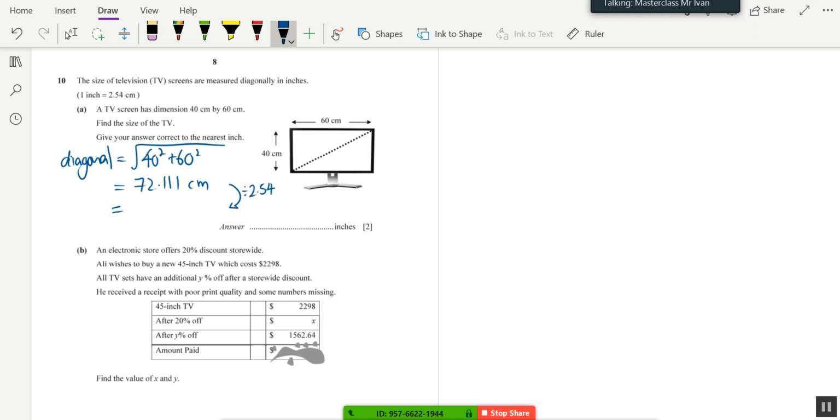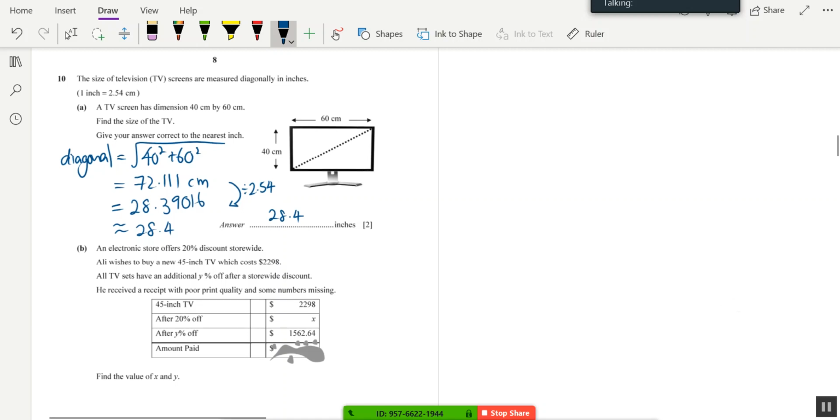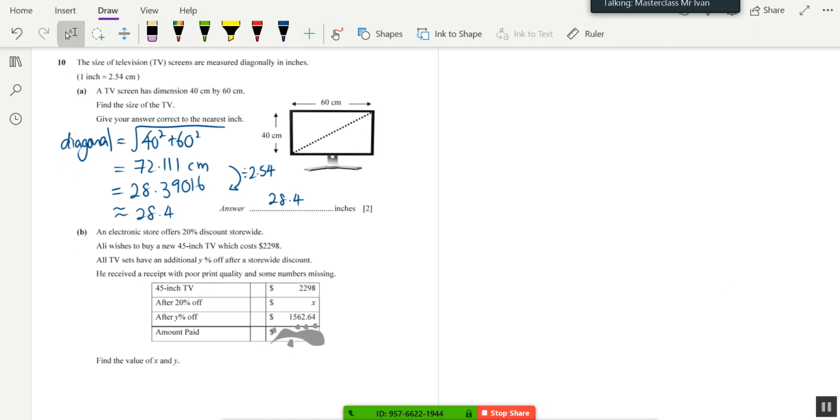Megan, do you understand why divide? Yeah. You will have 28. So just use your calculator, answer divide 2.54, which is 28.4 inches.